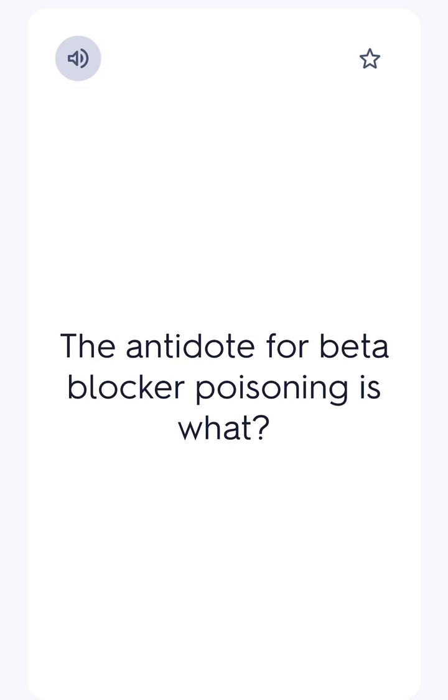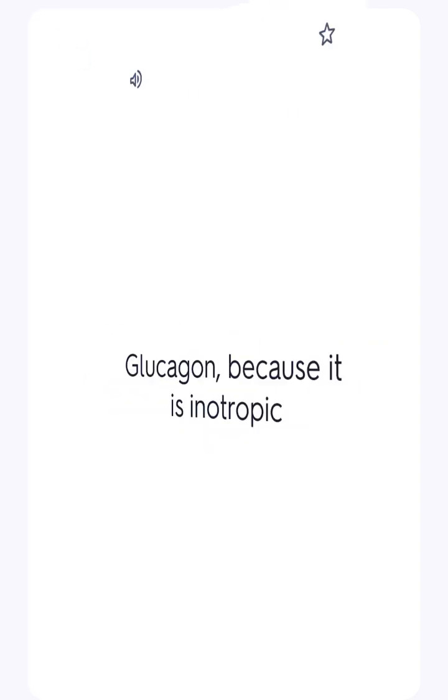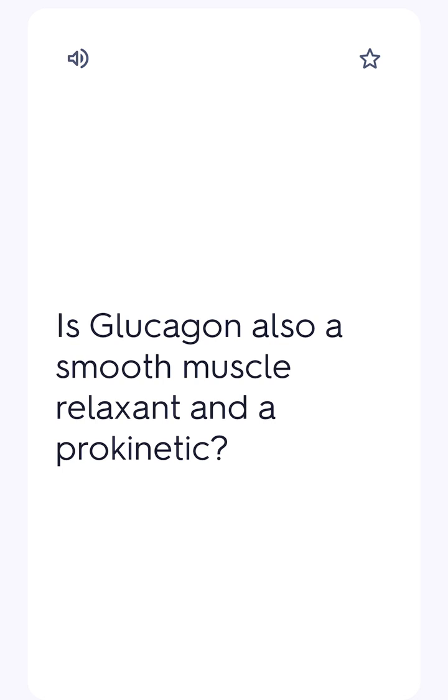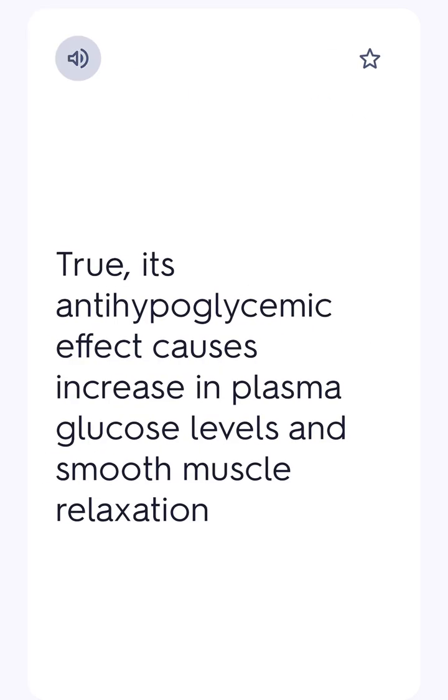The antidote for beta blocker poisoning is what? Glucagon, because it is inotropic. Is glucagon also a smooth muscle relaxant and a prokinetic? True, its anti-hypoglycemic effect causes an increase in plasma glucose levels and smooth muscle relaxation.